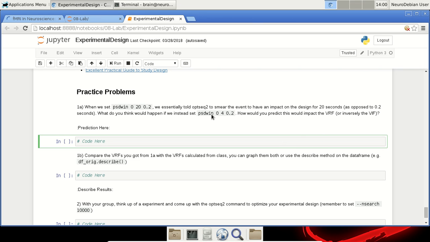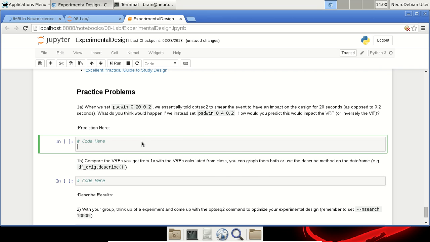Whereas if the post-stimulus delay window was 0 to 4, then if the incongruent trial occurred at the third volume, the BOLD response, according to this made-up model, would have already resolved by then, suggesting that there wouldn't be any collinearity between the regressors.